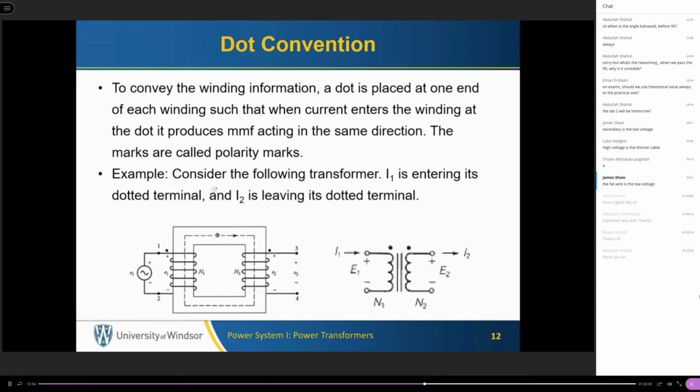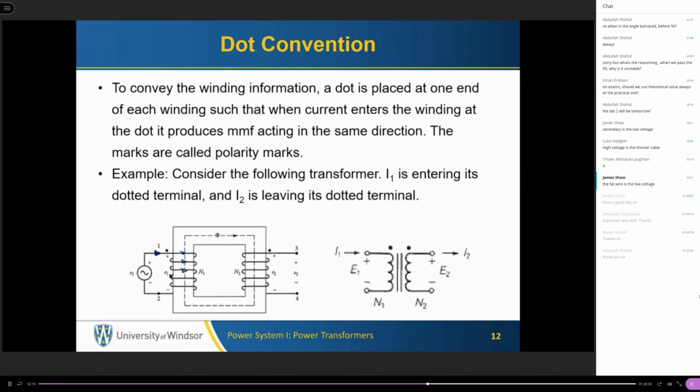For example, if we have this transformer, look at it. The current of the primary is entering this dot, so it will flow in this direction, and then this direction. If you apply the right-hand rule, the current rotates in this direction, so the magnetic flux should be up.